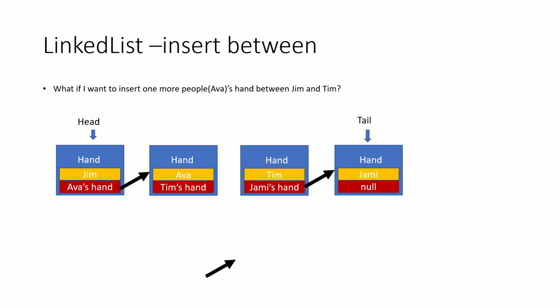Then we link them together. Okay? So how about insert last? If I want to insert a new one, B, how do you insert B as a tail?